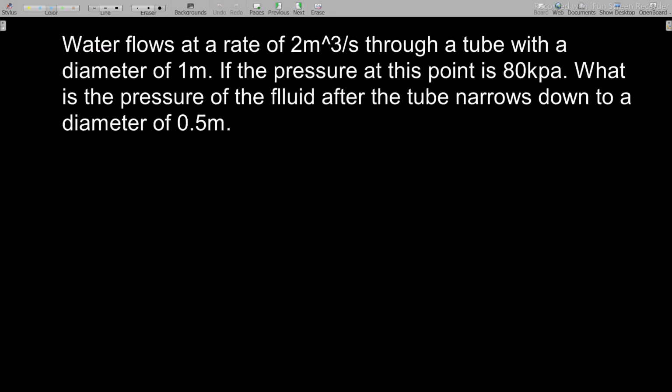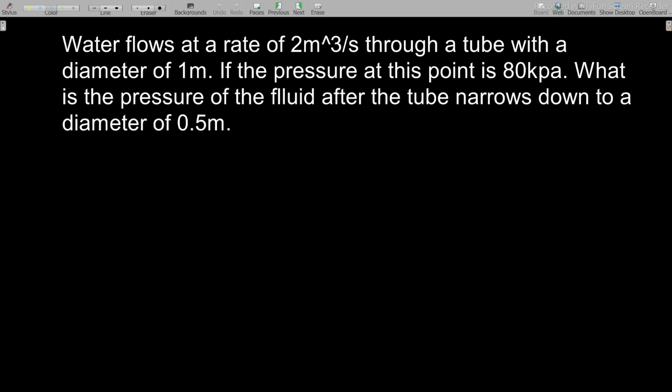So the first question is: water flows at a rate of 2 meter cube per second through a tube with a diameter of 1 meter. If the pressure at this point is 80 kilopascal, what is the pressure of the fluid after the tube narrows down to a diameter of 0.5 meters?